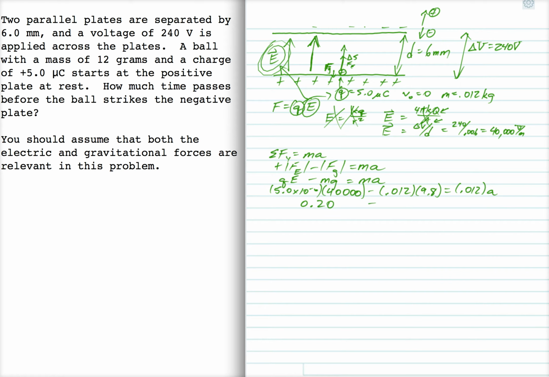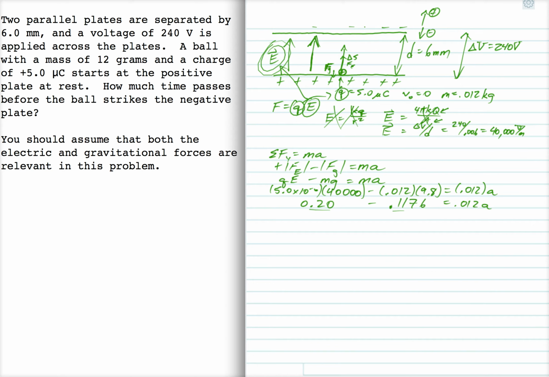And then for gravity, I get 0.1176. Okay, so the electric force is greater than the gravitational force, therefore it's going to move up. If the gravitational force were bigger than the electric force in this problem, then we wouldn't be able to solve it because the charge would just sit here parked on the positive plate, and the problem wouldn't make any sense.